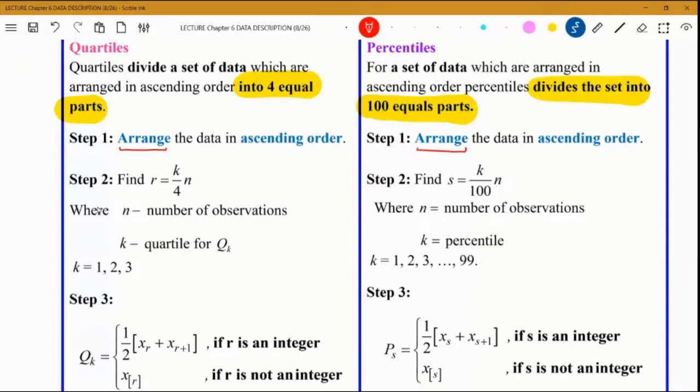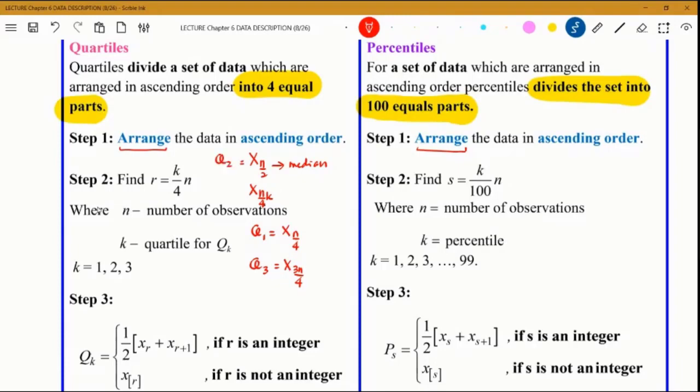And then second step, we have to find the observation. Okay, the same pattern as when we found the median. For the median, it's X at N over 2. But for quartile, it will be X at N over 4 times K. So if you want to find the first quartile, it will be observation N divided by 4. The third quartile, observation 3N divided by 4. The middle one refers to the second quartile, which is the median.